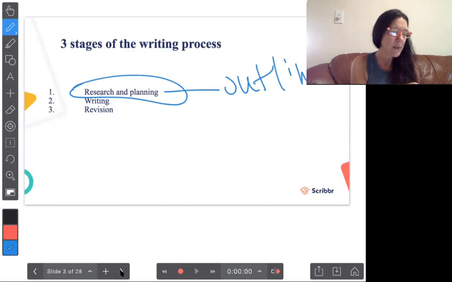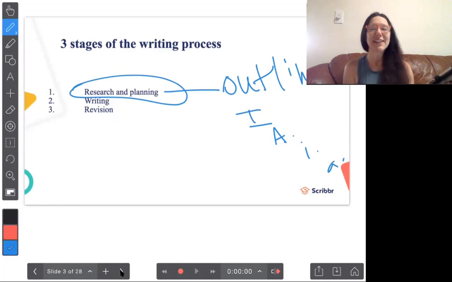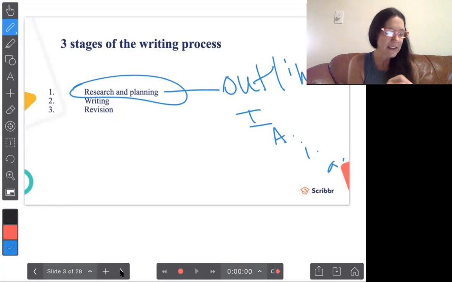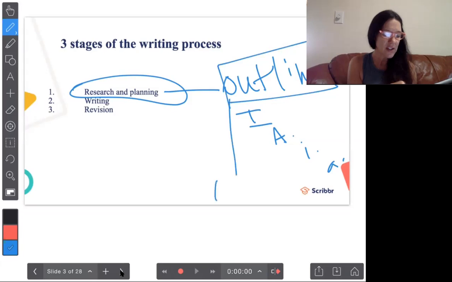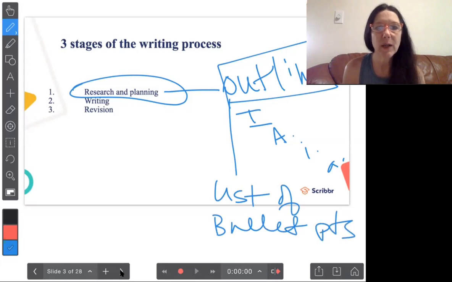You don't have to make an actual outline, one with A and then little i and then little a, like we used to have to do in English class in grade school. But you really need to have something, even if it's just a list of bullet points that you want to cover. What do you want to talk about? What questions are you answering?